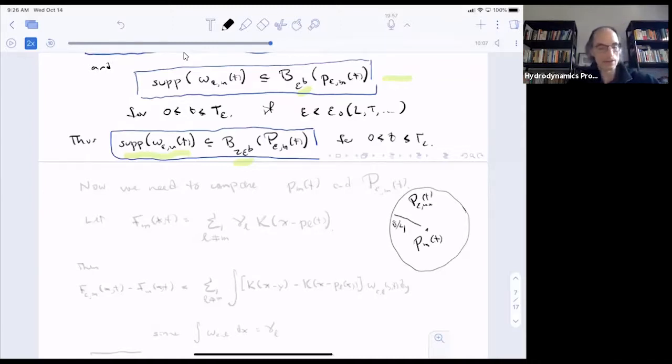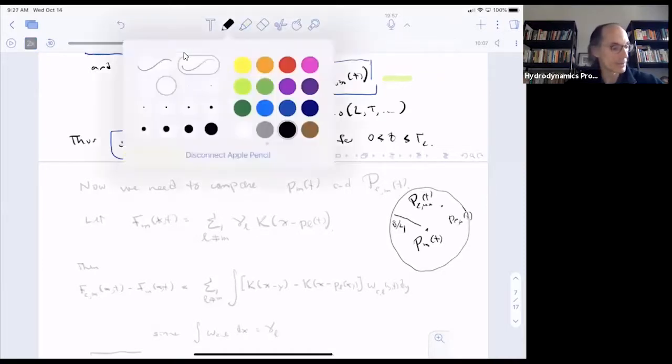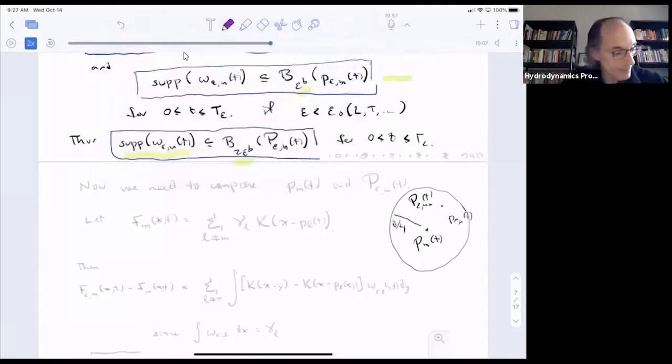These two things solve somewhat different ODEs. And then I have a little p epsilon m at time t, the center of vorticity. Let's again make this be purple. And so I know that this center of vorticity, and indeed the whole support, is close to this capital P.